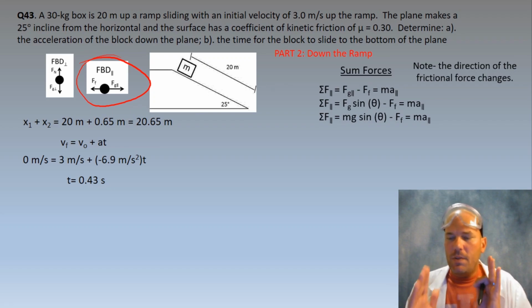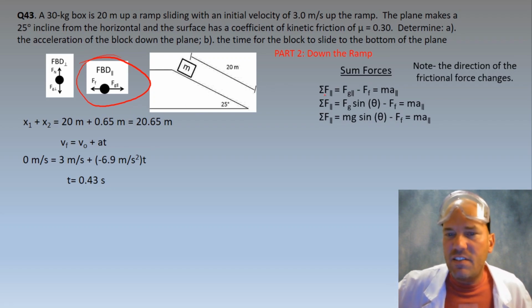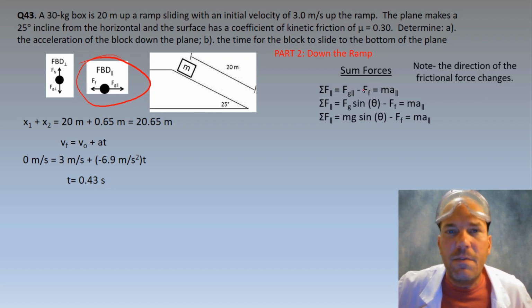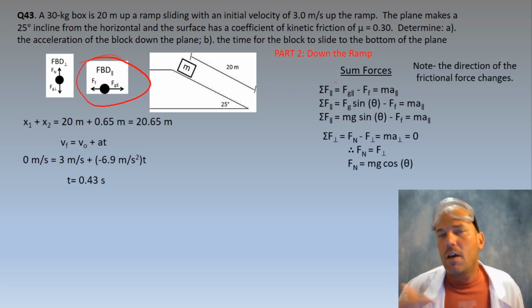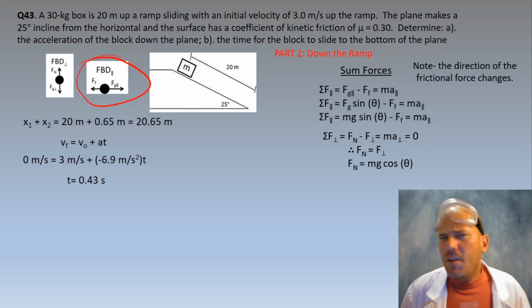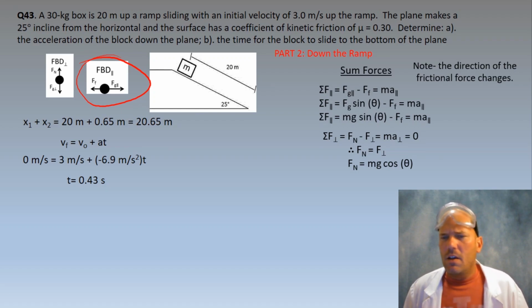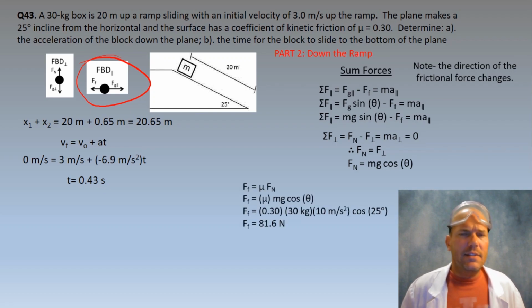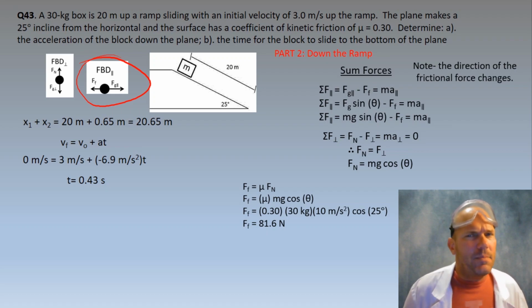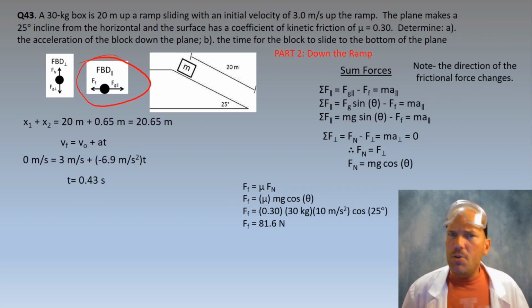Okay, so that's a subtle but very important difference that has occurred in our parallel summation. Nothing's changed in our perpendicular summation, and nothing's changed with the force of kinetic friction except the direction. Mu hasn't changed.